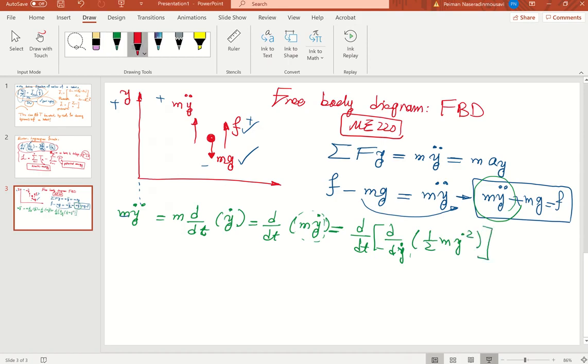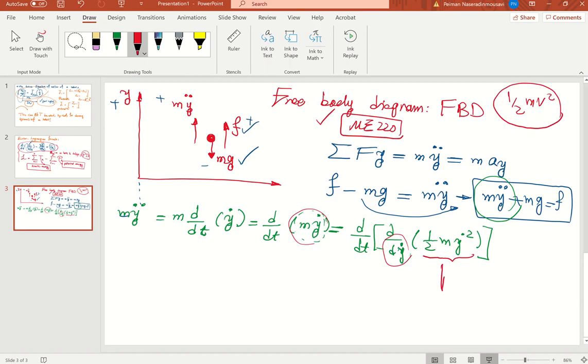Yes, because when you take the derivative with respect to y dot, it comes to this finally. This is trivial algebra. So tell me from the dynamics course, what is this 1 over 2 mv square? Kinetic energy.